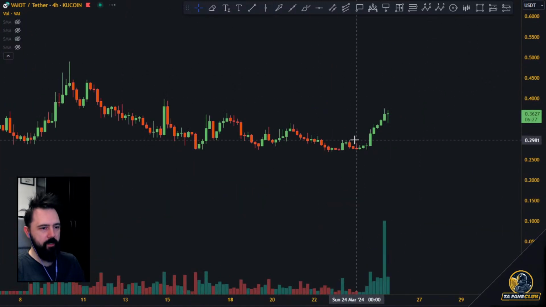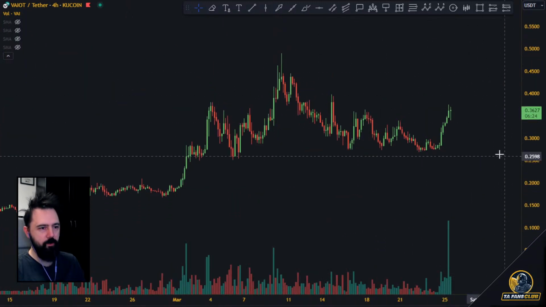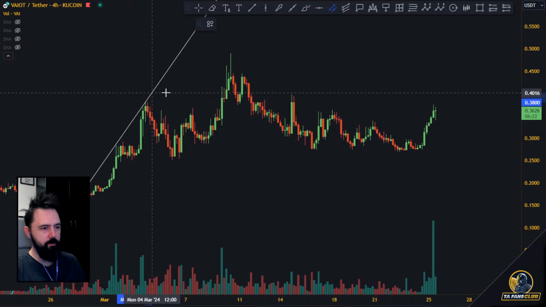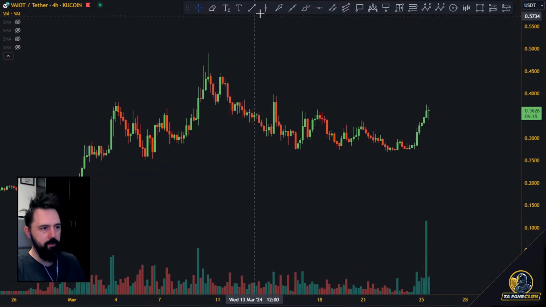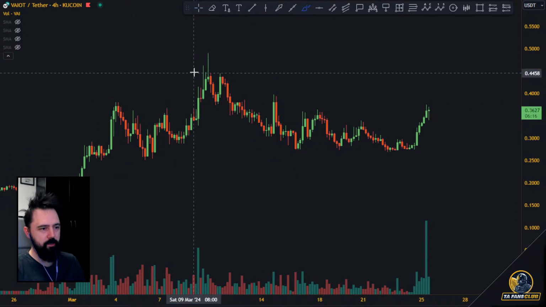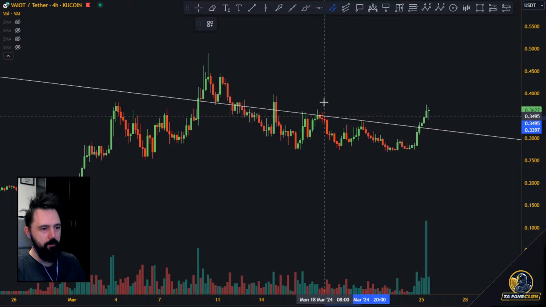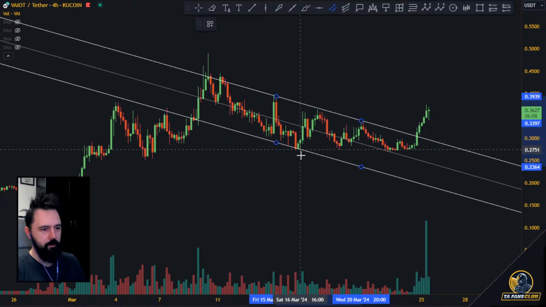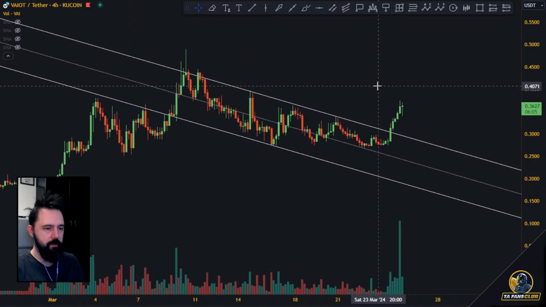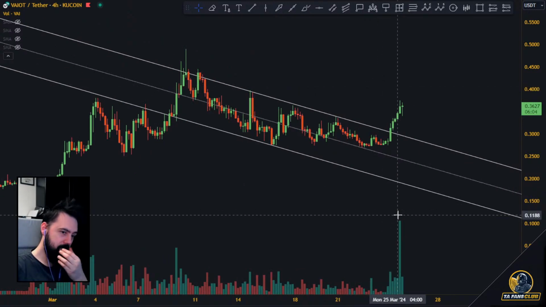If you have been living under a rock, AI is one of the strongest metas right now in this space. But this part over here doesn't have anything to do with the channel. So there is some kind of channel that goes over here, something like this. Maybe something like this. It does look good though. Look at this breakout.